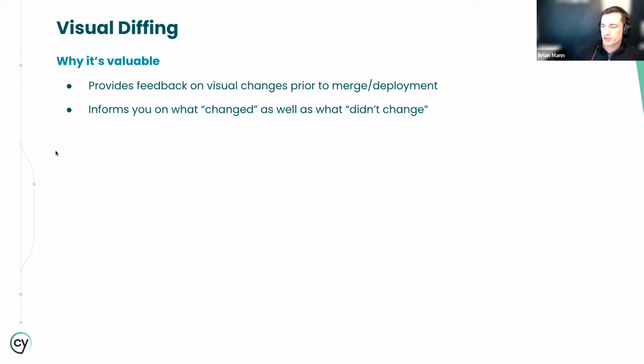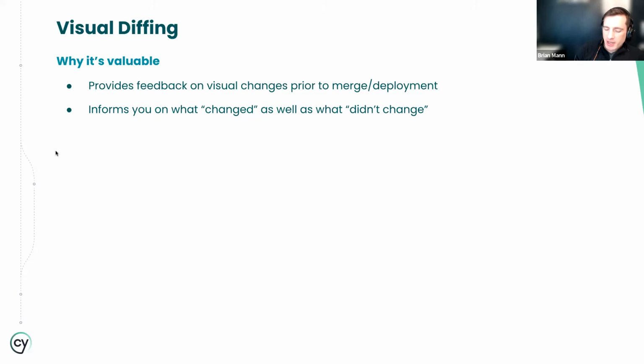Certainly, you could have CSS bugs, or you could have changes, regressions that pass all the functional tests, but to a user, they would perceive this as being totally broken, or at least not a pleasant experience to use. So visual goes hand in hand with functional.